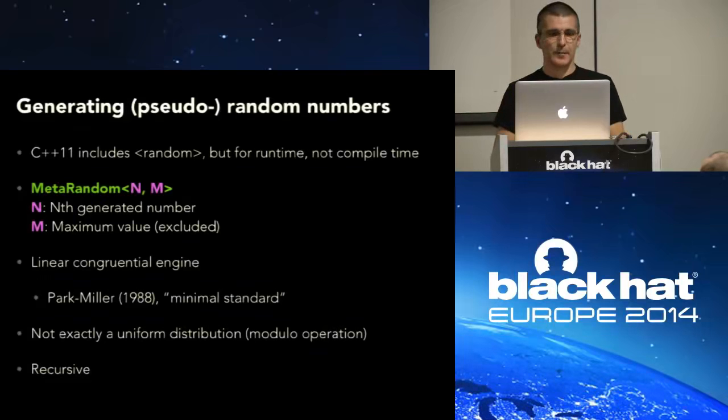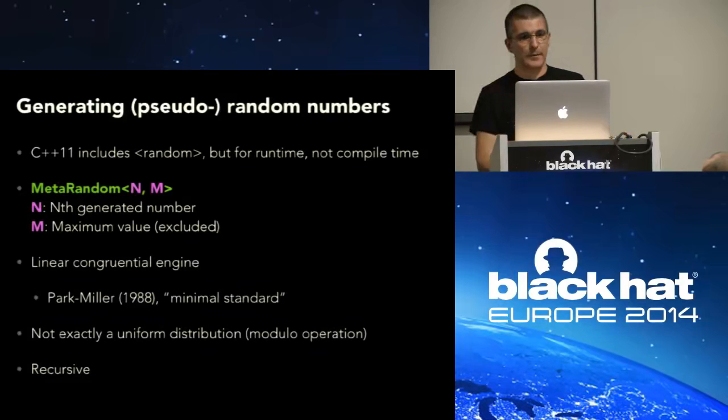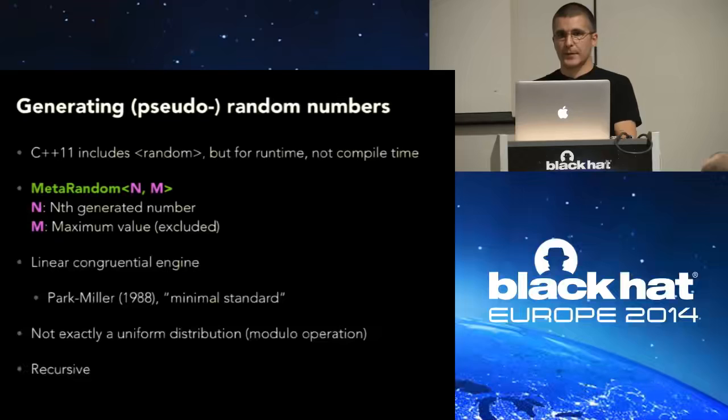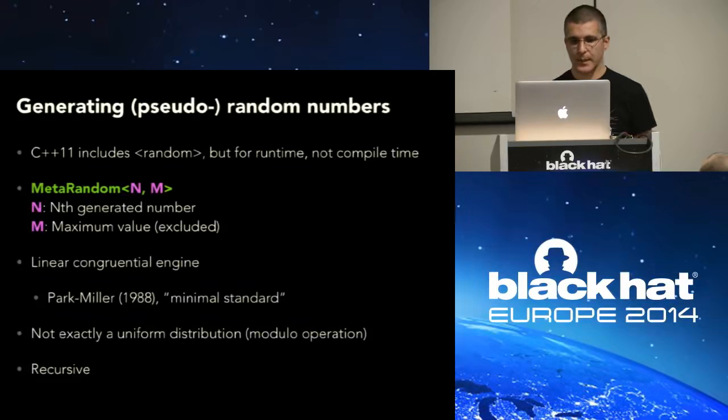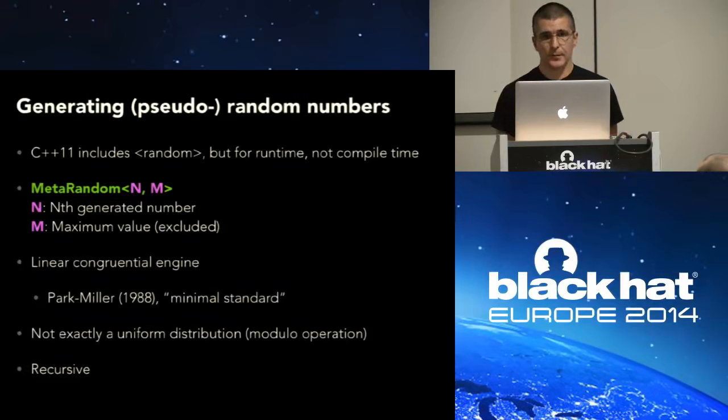So I need some randomness at compile time. In C++11, you have a random header, but it's only for runtime, it's not for compile time. So I've written a small meta-random template. It's based on the linear congruential engine. It's not a uniform distribution because I'm using a modular operation, but it's not very important.